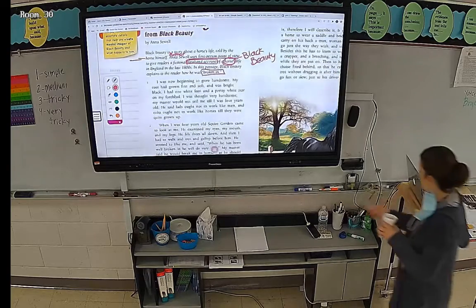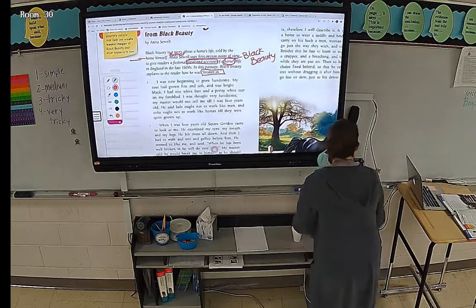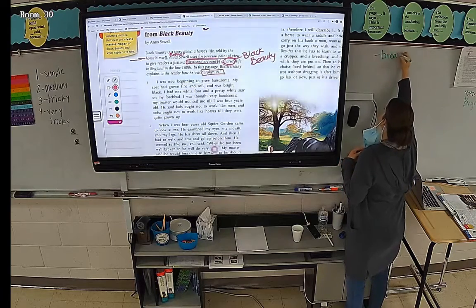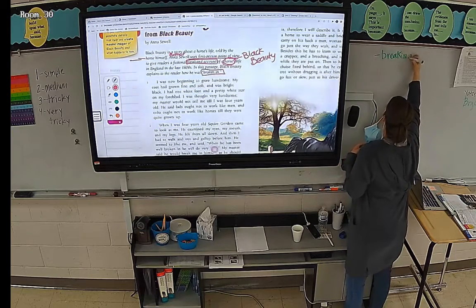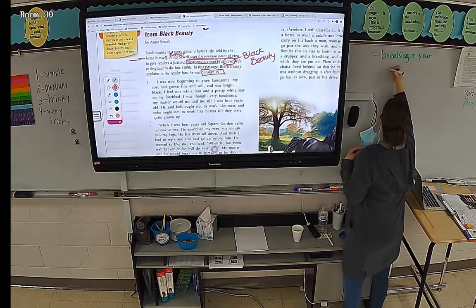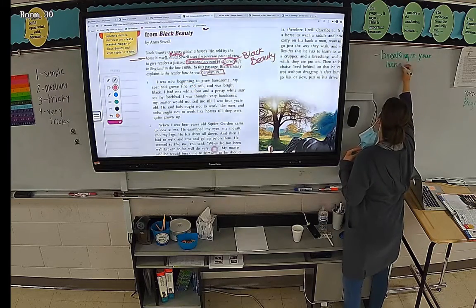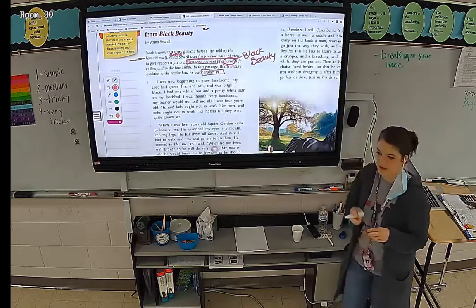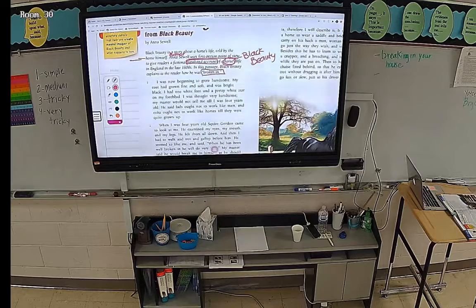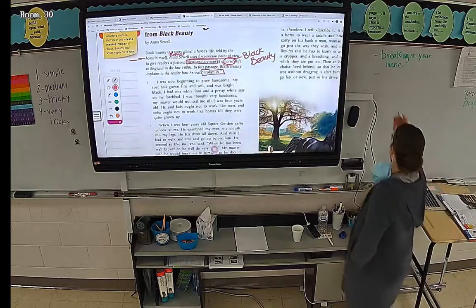No. Okay, I'm going to write some of the guesses, the predictions that you guys have, and then we'll read the story and see which one's right. Okay, Kobe says somebody breaking in your house. Anybody else have a different prediction about what you think broken in means? Ruthie? I think broken in means you get them to use the saddle and the bridle and get used to it.